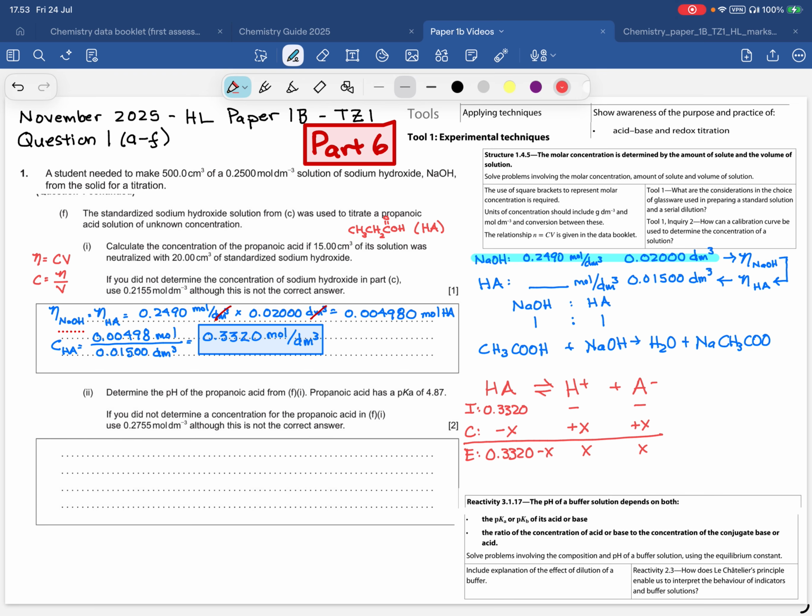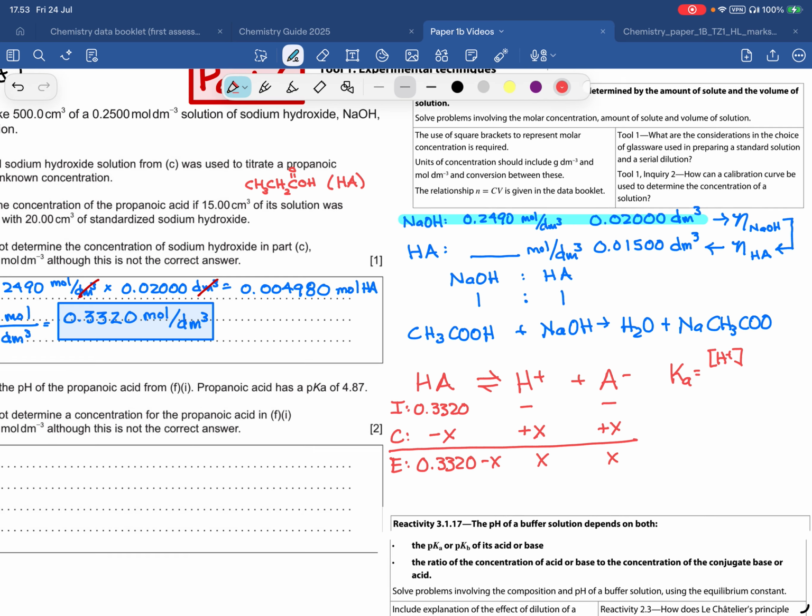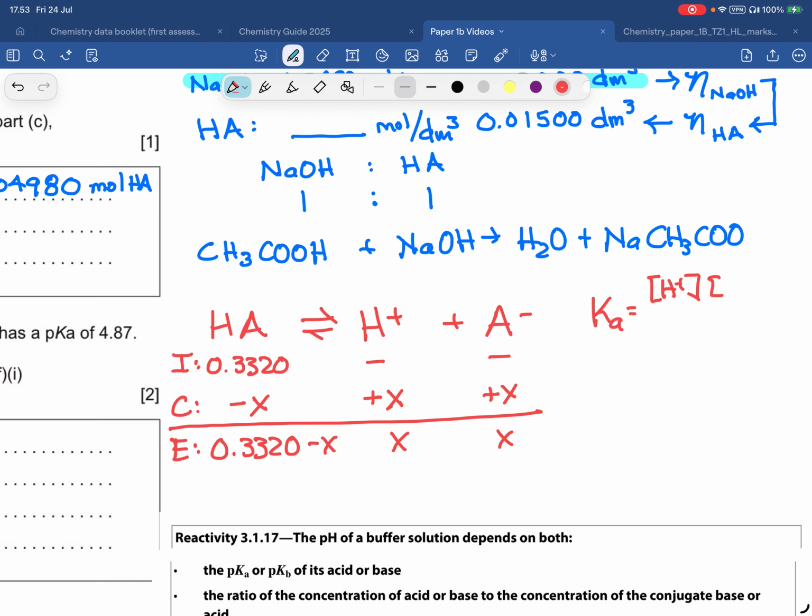Now, remember from your equilibrium studies that Ka is going to be equal to your products over your reactants, because Ka is going to be the concentration of hydrogen times the concentration of the propanoate divided by the propanoic acid.